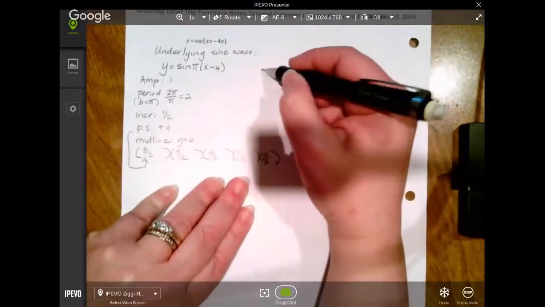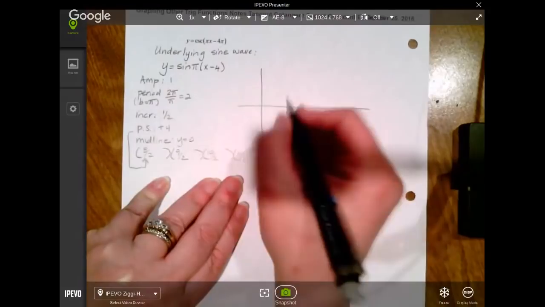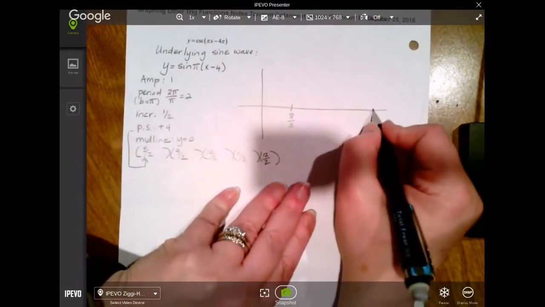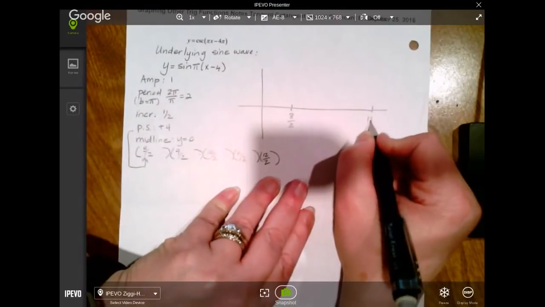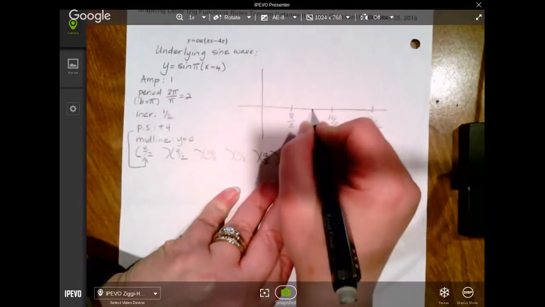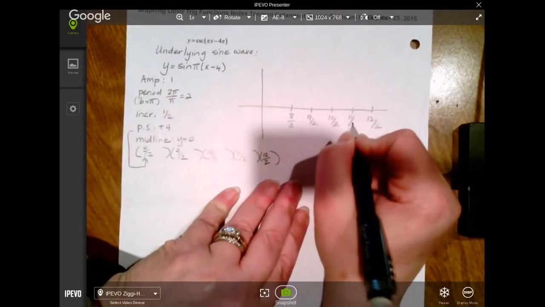And then I'm going to go to my curve up here, and we're starting at 8 halves. And we're ending at 12 halves. The middle is going to be 10 halves and 9 halves and 11 halves.